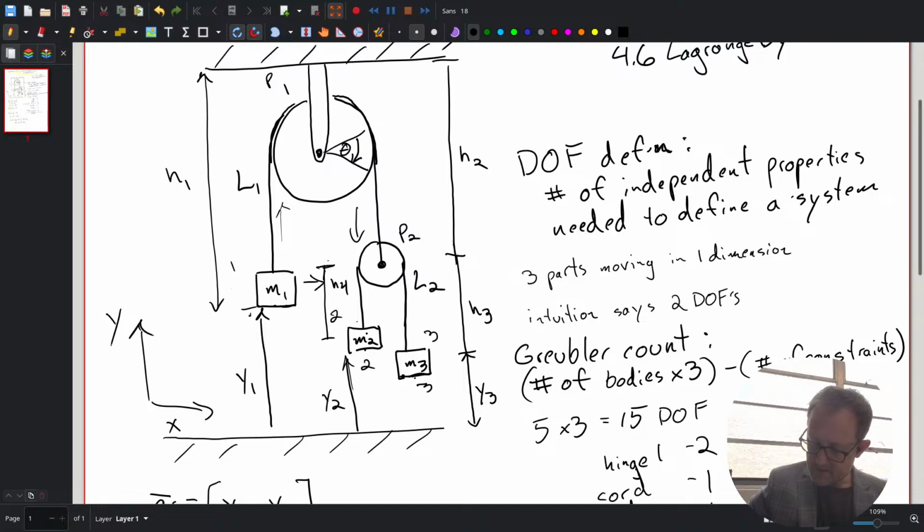So it should be V2 plus that V3 is a combination of both V1 and V2. So if these are both up, this one's down as a negative.